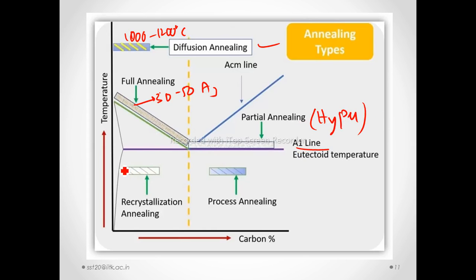Recrystallization annealing is also much lower than the A1 temperature. Here, as in the case of process annealing, we get new grains, the older deformed grains are transformed into new grains.